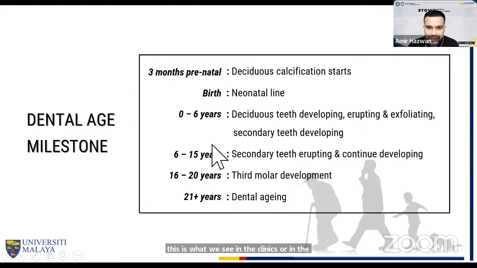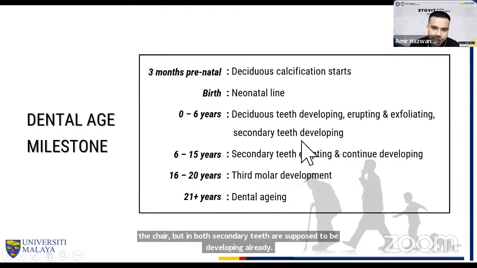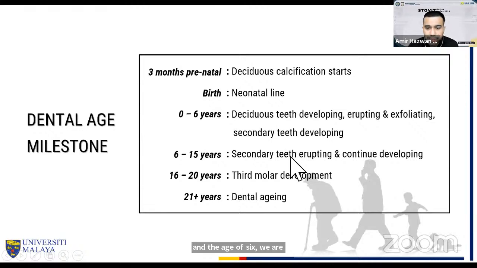In the bone, secondary teeth are supposed to be developing already. And at the age of 6, we are expecting to see secondary teeth or permanent teeth erupt. And at 16 to 20 years, third molar development. And then 21 plus years is already considered dental aging.